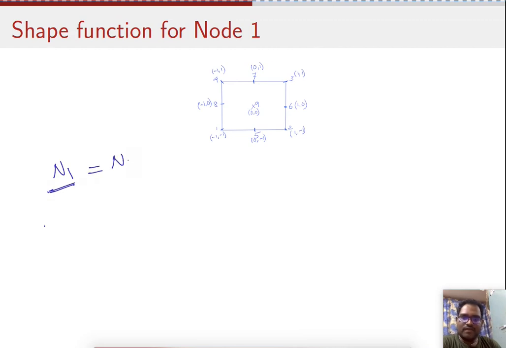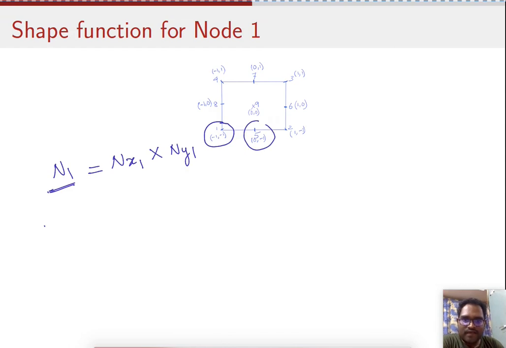So we'll multiply the shape function of node 1 on the x-axis and the shape function of node 1 on the y-axis. If we consider the x-axis, node number 1 is present over here, and 5 and 2 are present on the x-axis. So what we are going to consider is only the x term that is present in all the cases.